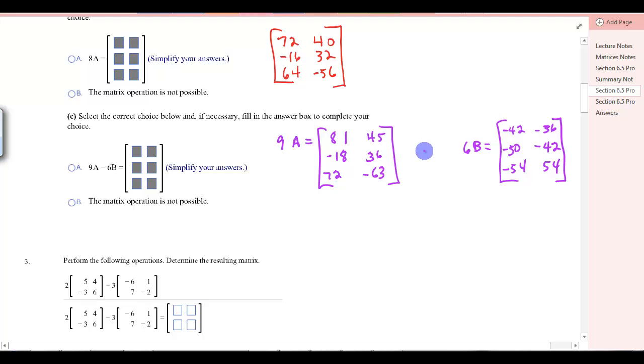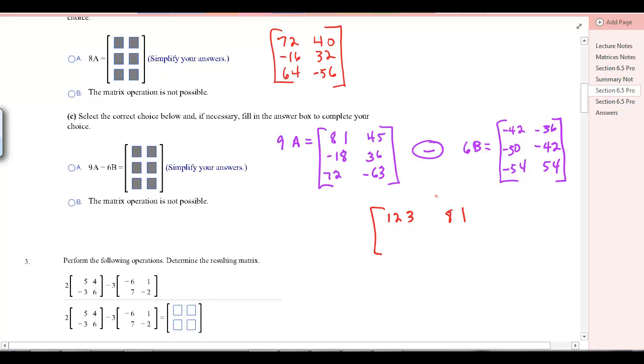All right, now we're going to subtract these two matrices. So when we do that, you'll have 81 minus a -42, and we should have 123. And 81 would be this one.